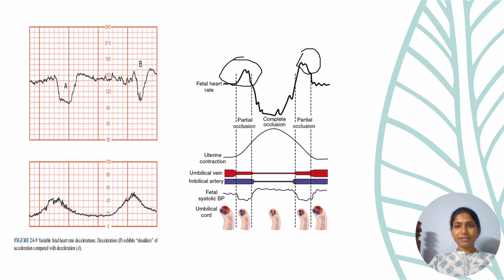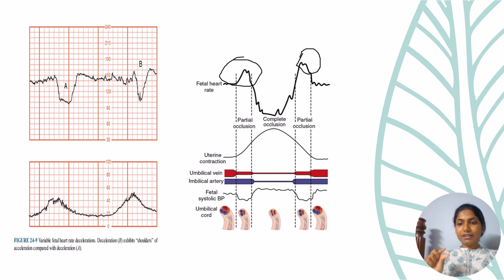This effect is called shouldering. Why does this occur? This is where the cord has not completely occluded. There is partial occlusion of the cord, so the fetus tries to compensate by increasing its heart rate. So there is slight increase in the heart rate, but persistent or complete occlusion will cause the deceleration.